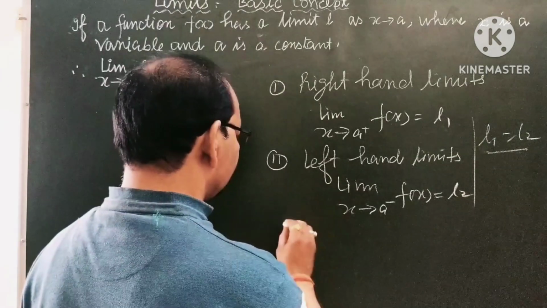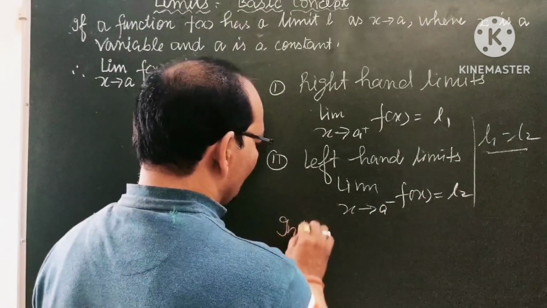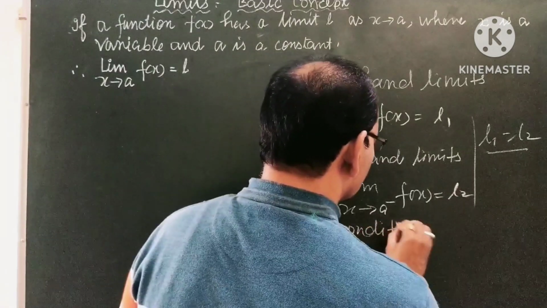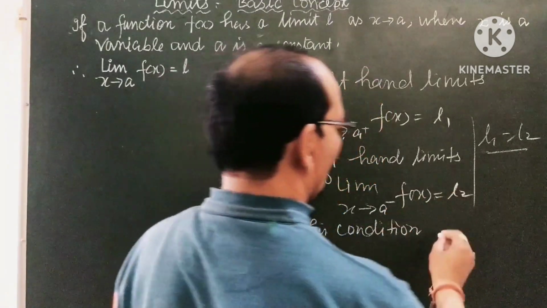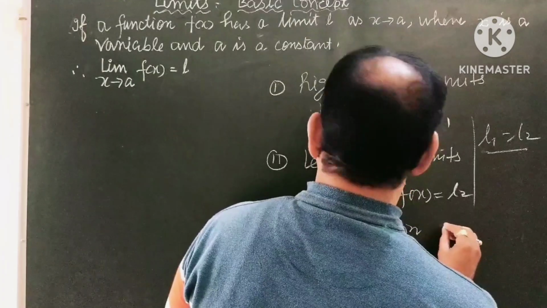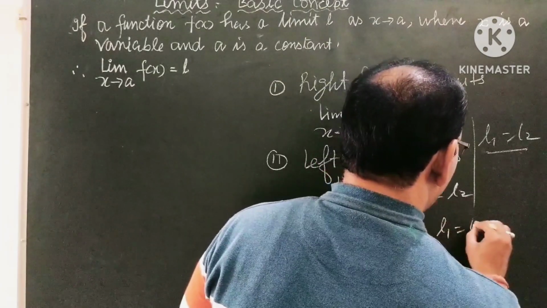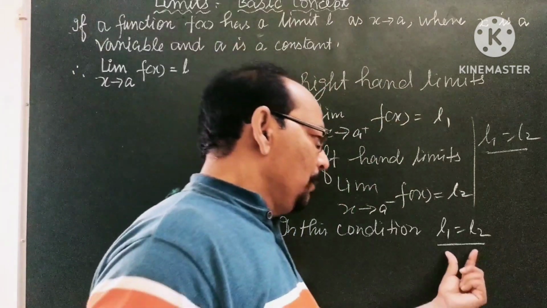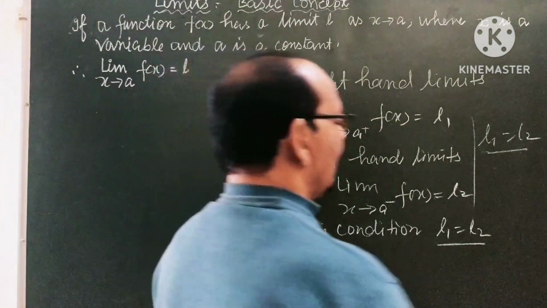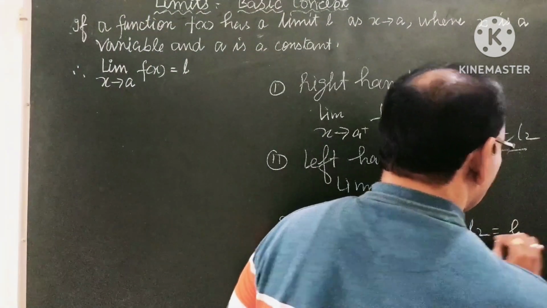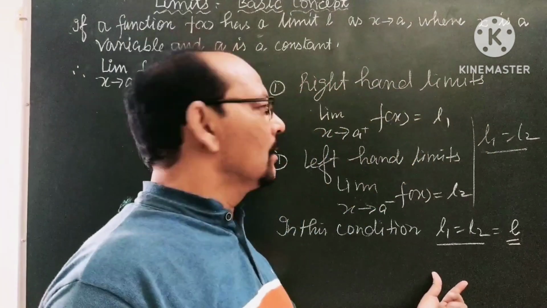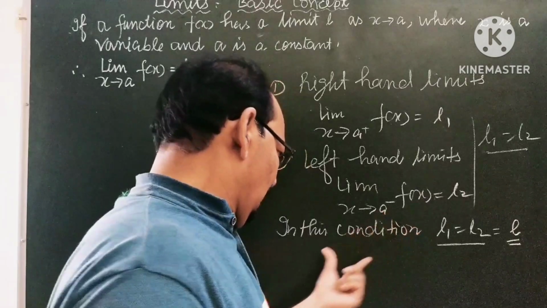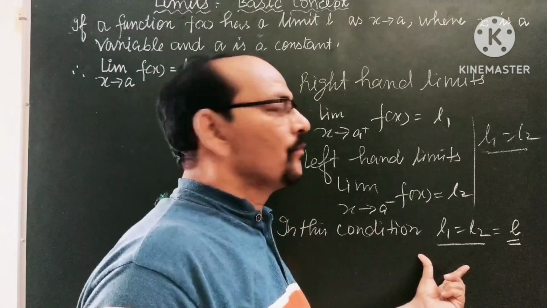L1 equal to L2 means the right hand limit and left hand limit are both equal, therefore the limit exists on the right hand side and left hand side. This is the first condition.